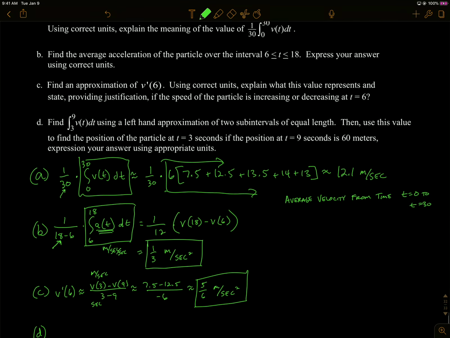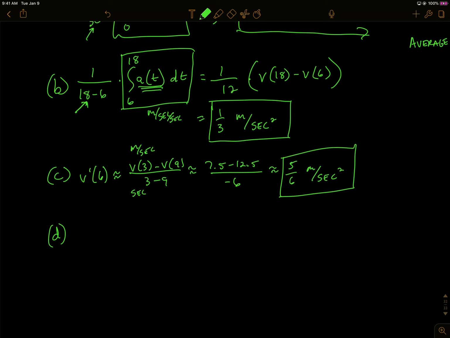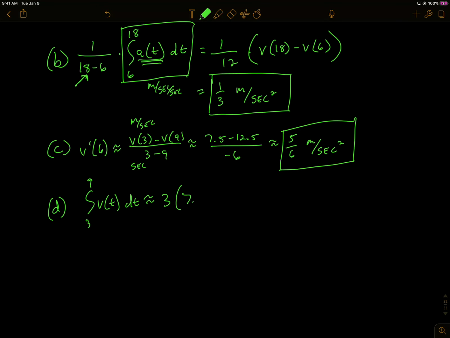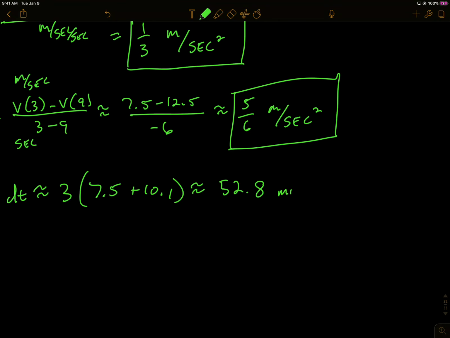My widths are 3 every time, so the integral from 3 to 9 of v of t dt can be approximated. The widths were 3, and our heights were those two heights I circled, 7.5 and 10.1, which gives 52.8. Now we're integrating a velocity, so meters per second just becomes meters. That is not the position, it's the change in position over that interval from 3 to 9.